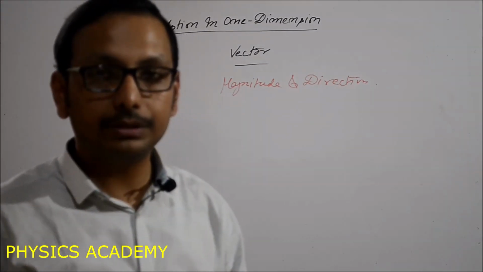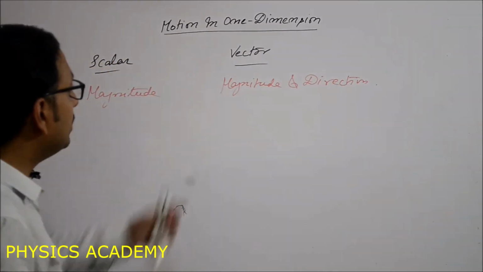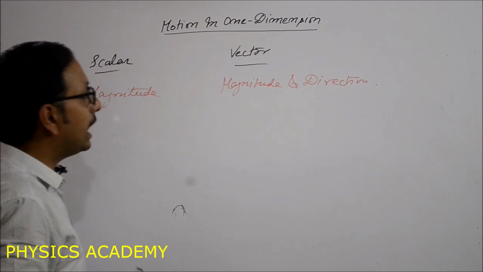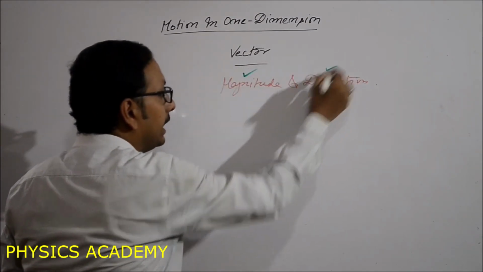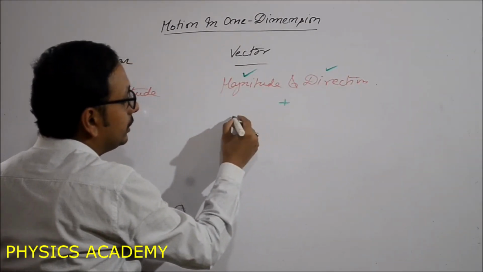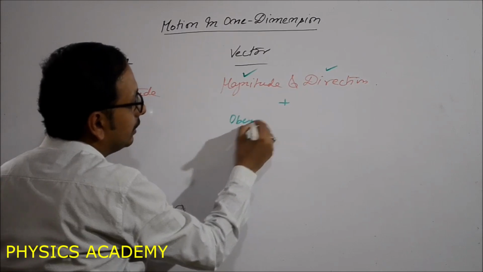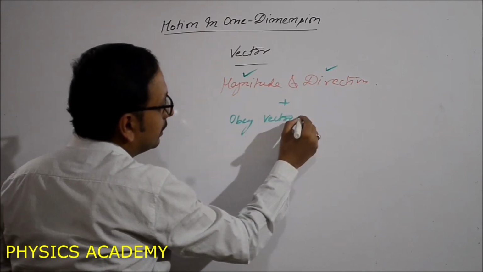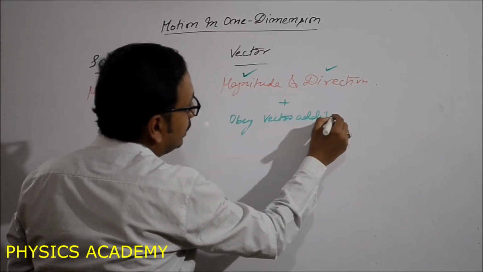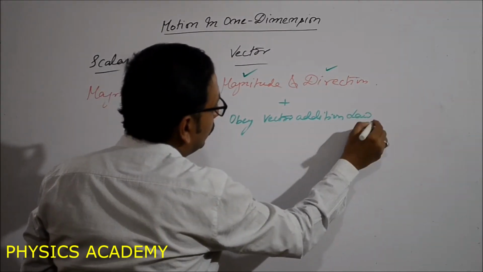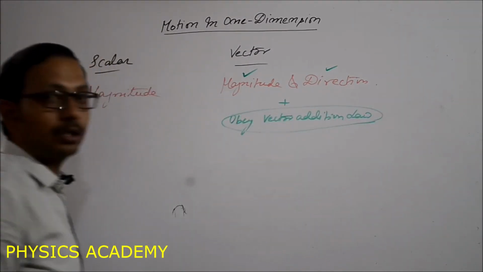What is that major point? To be a vector quantity, you need to have magnitude, direction, plus it should obey the vector addition law. This part is very important.